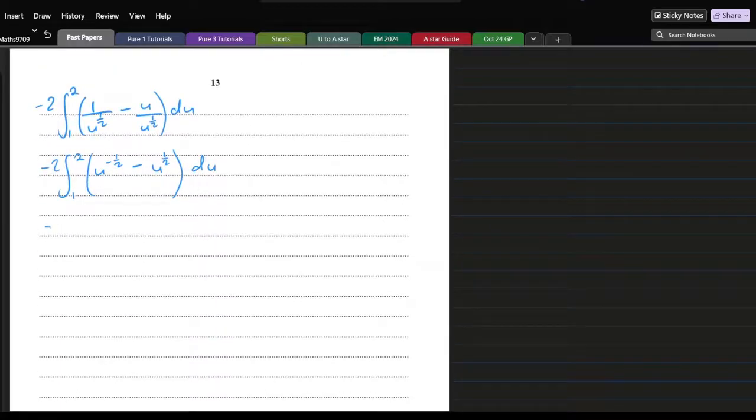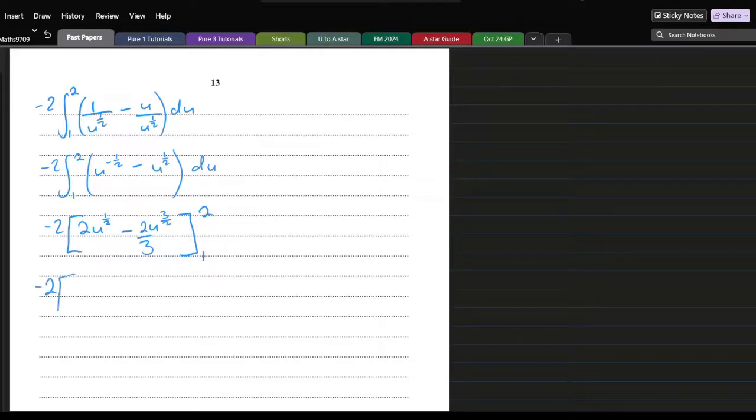Okay, so we've got our negative 2, and then let's add 1 to negative half, we get a positive half, so u to the half divided by half, so that's multiplied by 2, minus u to the half, so add 1 to the power, that becomes 3 over 2, divide by 3 over 2, that's multiplying by 2 over 3, and our limits are from 1 to 2.